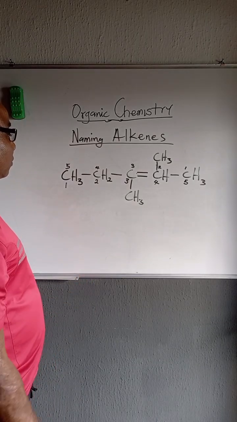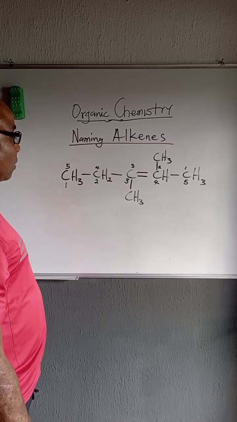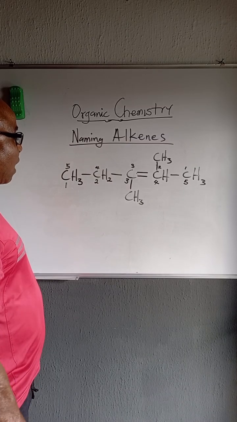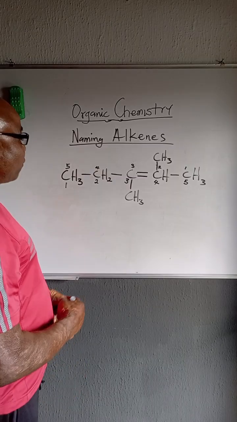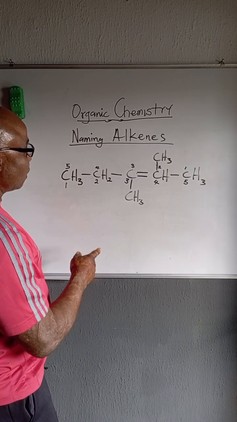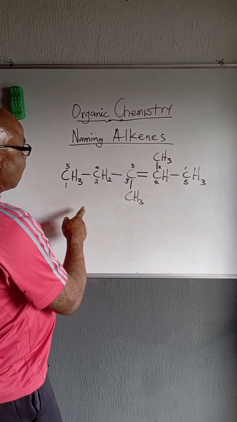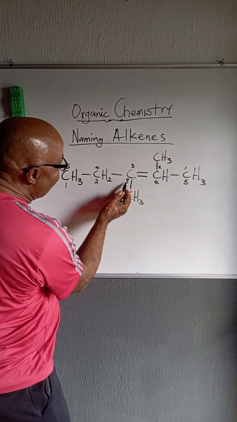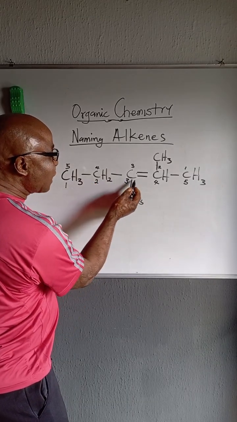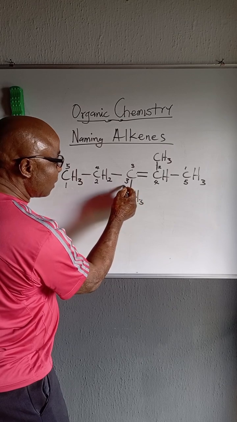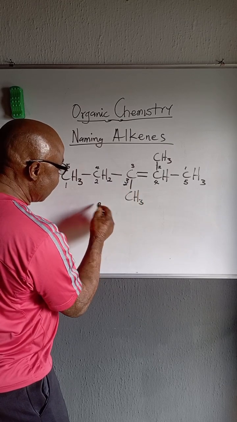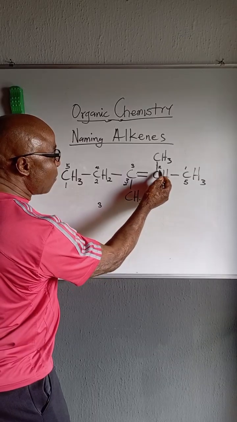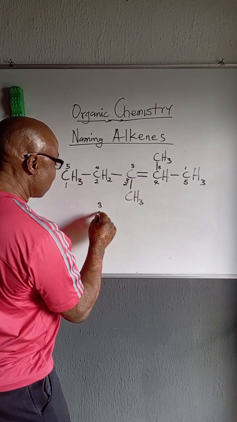Take note of that. If we count this way, the third carbon atom is the first carbon of the double bond. Write it down. If we count this way, the first carbon of the double bond is 2.